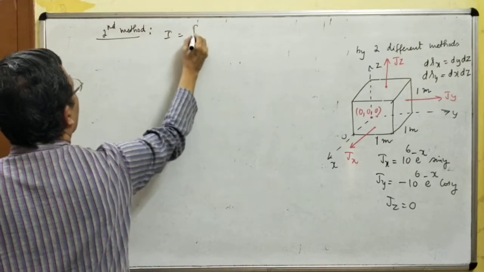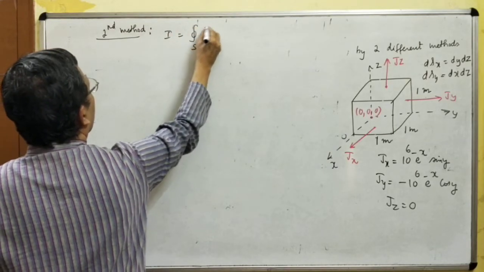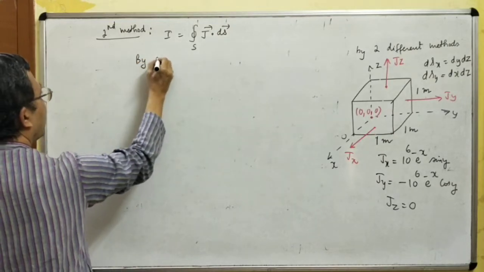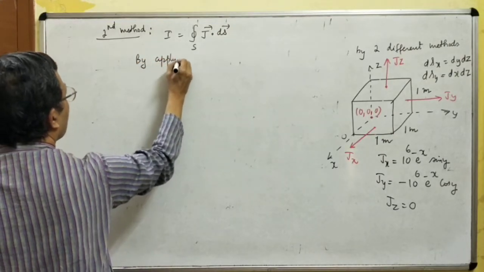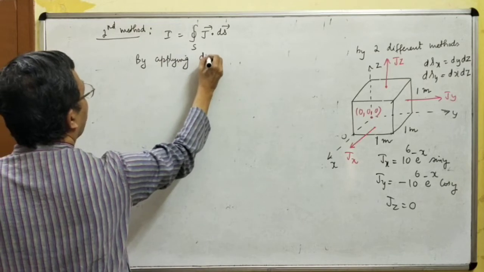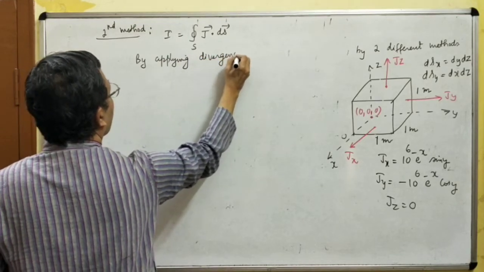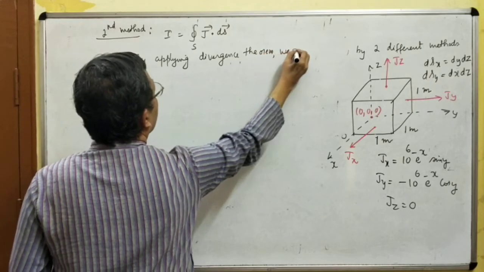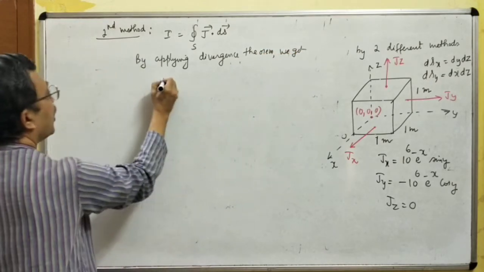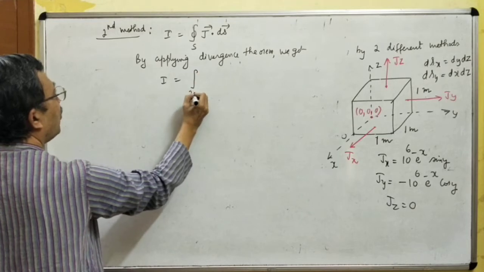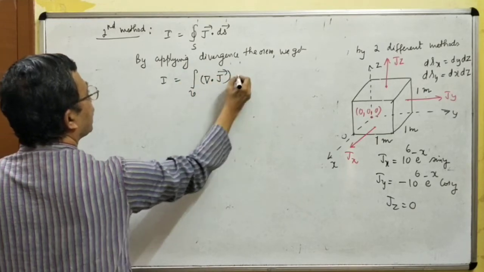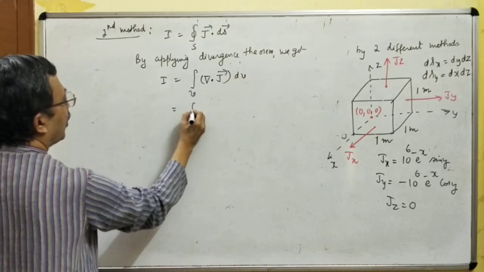I is equal to what? Closed surface integral vector j dot ds. By applying divergence theorem, we get this closed surface integral is converted into a volume integral. Instead of vector j, I write del dot j dv. This is nothing but volume integral.